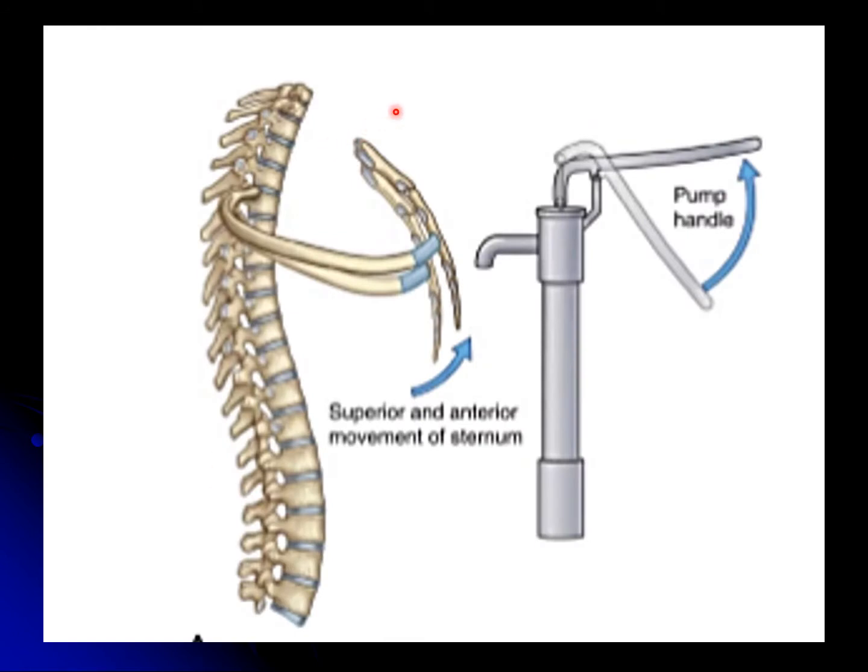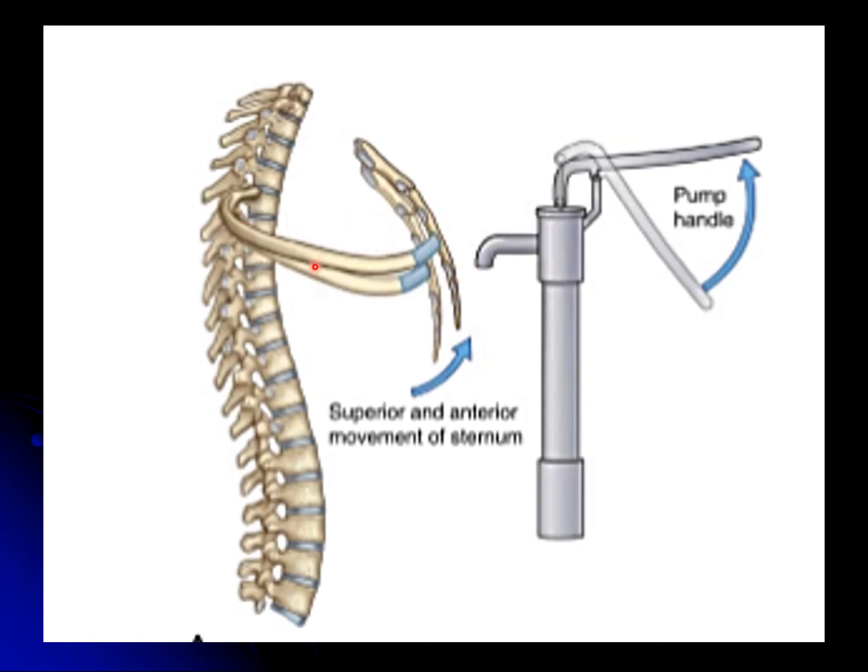We start with the movement that is known as pump handle movement. In the previous lecture you already talked about the pump and bucket handle movement, so we just review it. The sternum is connected to the vertebral column through a curved structure which we name as a rib.